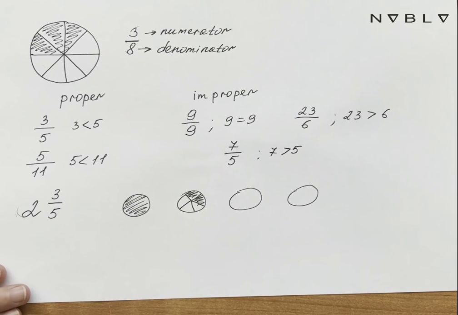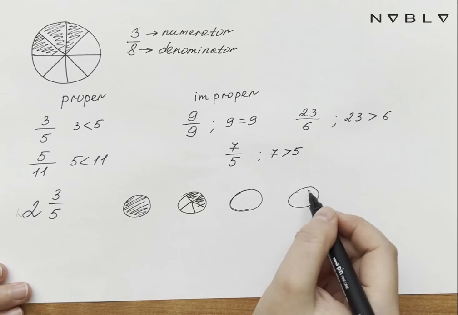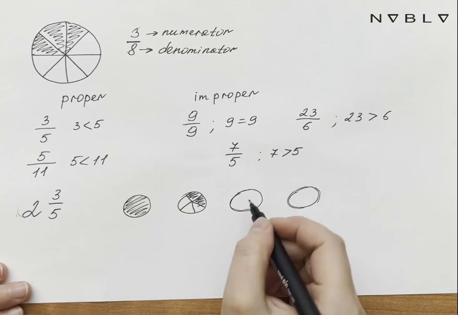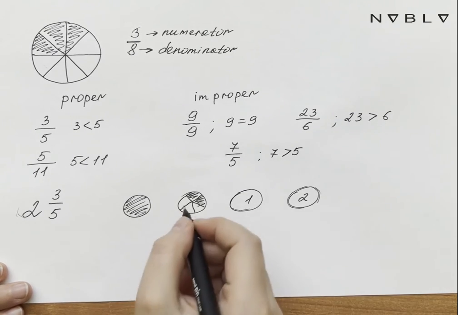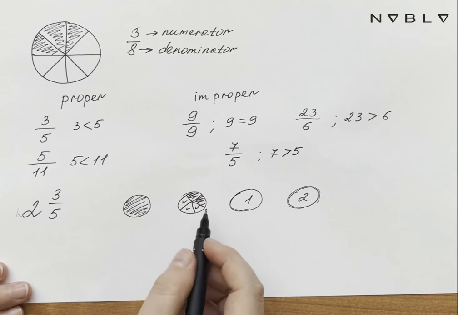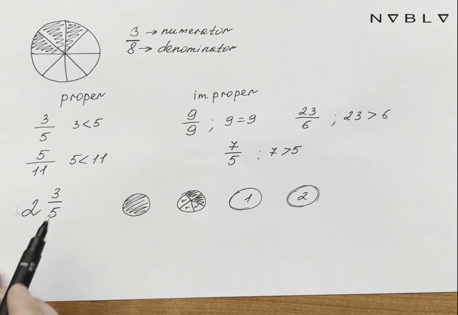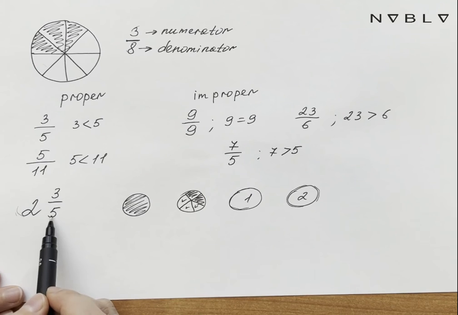And now we have 2 whole pizzas and 3 slices out of 5. It will be 2 and 3/5.